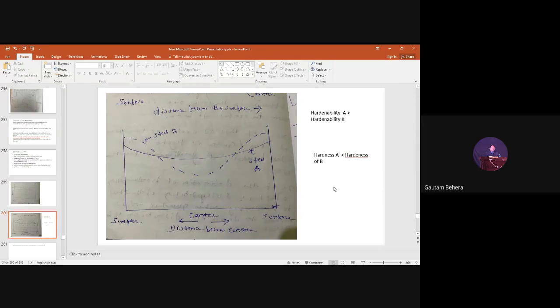Yes, Devi Prasad, do you want to ask anything else? Yeah, one more question. Steel A and steel B, are they already like this, or have they undergone some treatments? Because I'm asking from the standard, after some treatment, steel A is not showing much deviation, but if steel B is showing deviation like this, then the hardenability of B should be more, I think.